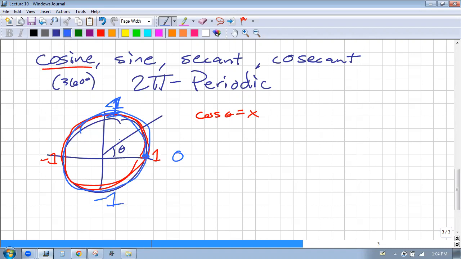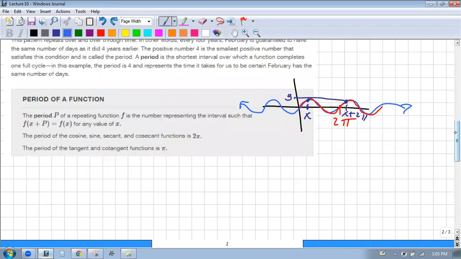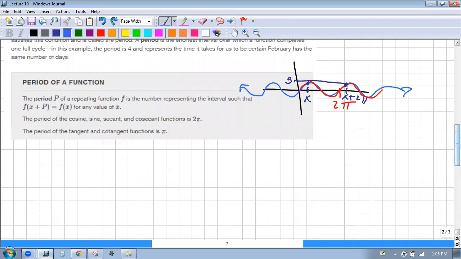And secant and cosecant are just the reciprocals of sine and cosine, so they're both 2 pi periodic. It's simple. You're going around a circle. Does it make sense? Later on, we're going to graph these, and you'll see it in the graph like this. This is actually the graph of sine. You can see that every 2 pi, it repeats itself.